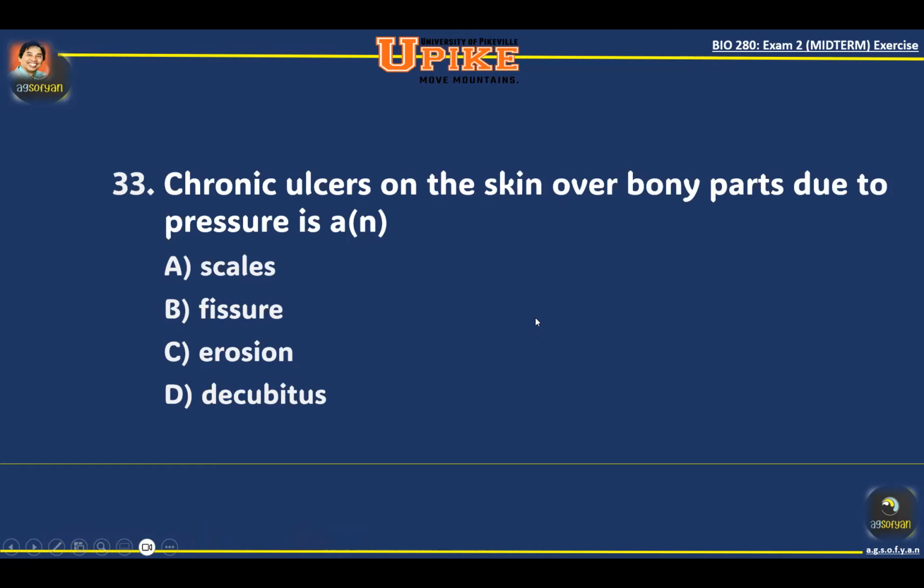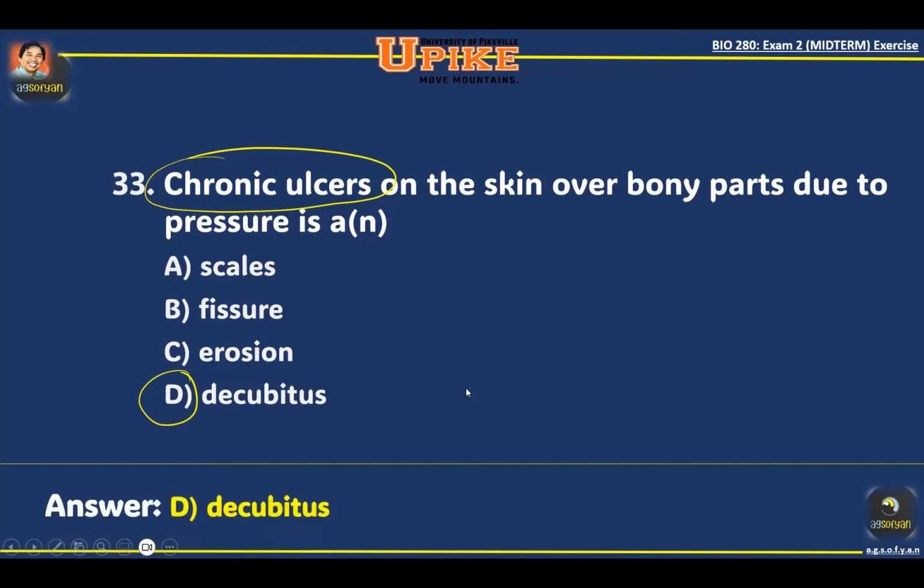A chronic ulcer on the skin of a bony part due to pressure. Sometimes, if someone cannot move, they just sleep on one side, and it can cause this chronic ulcer. It is called decubitus, the chronic ulcer due to pressure.